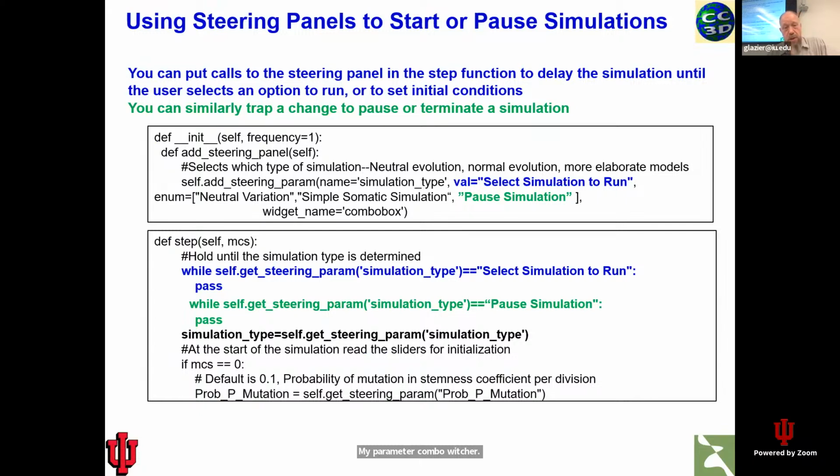And then I was mentioning that you can use this with two widget loops to allow a user to start and stop or start and pause your simulation as it's running. Of course, you can always hit stop and you can always hit step or pause.